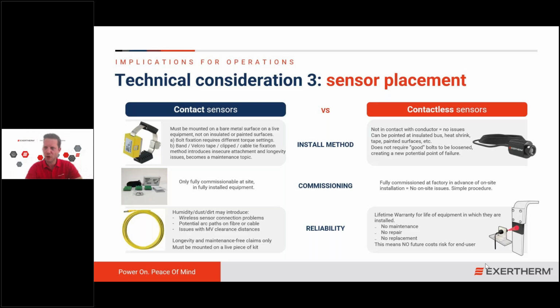The other methodology of installing contact sensors is using bands or Velcro tapes. Some are clipped or even cable tie fixations that possibly introduce an insecure attachment over time, which might face longevity issues and become a maintenance topic. What if a sensor becomes loose over time?